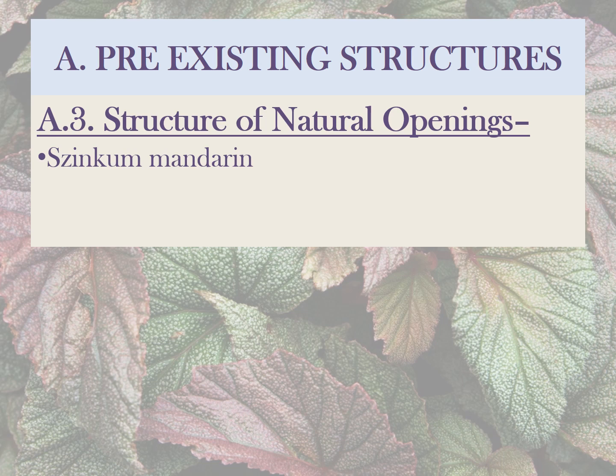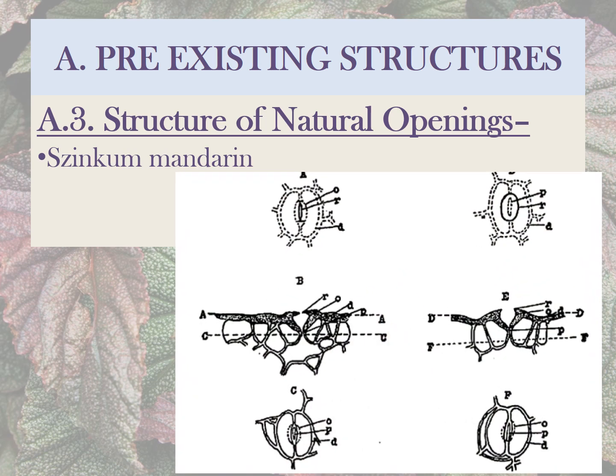But in the Zinc variety, and here I have shown you the diagram of Zinc mandarin, the stomata is small. You can see over here, the stomata is small. This is a variety that is resistant, and this is to show you a variety that is susceptible.